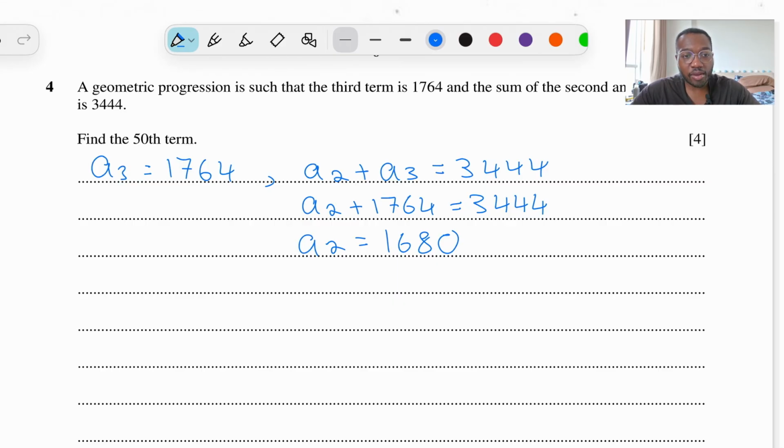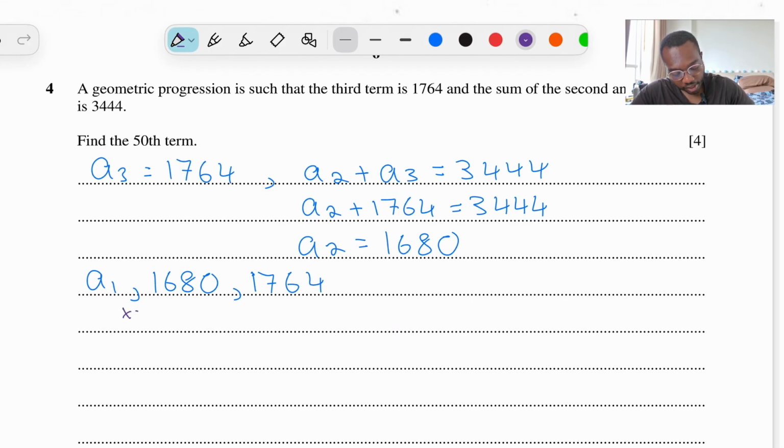But now we've worked out what the A2 term is. Now we can actually work out what our R value is. Because if we think about the R value, well, we have an A1, which we haven't worked out yet. We know A2 is 1,680, and we know A3 is going to be 1,764. And if we're dealing with a geometric progression, we know that we're going to multiply by some value R, and that will give us our values.